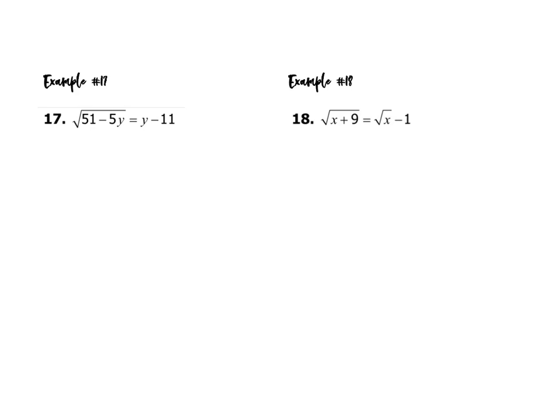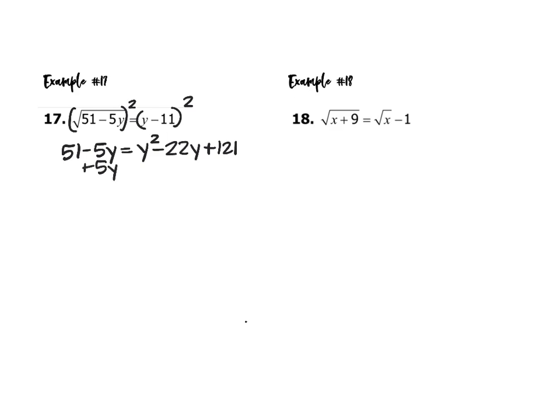Looking at example 17, I'm going to carry through the same way as I normally would, only my radical is already isolated, so I'm going to square it. So 51 minus 5y equals y squared minus 22y plus 121. And now I'm going to solve this like a regular equation.